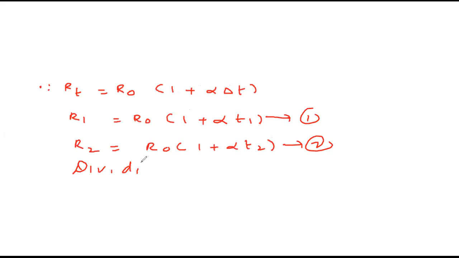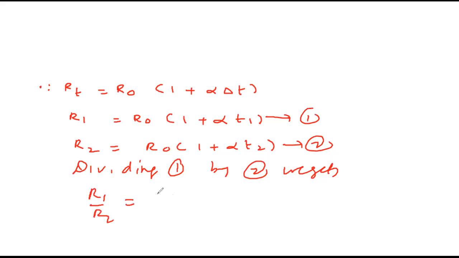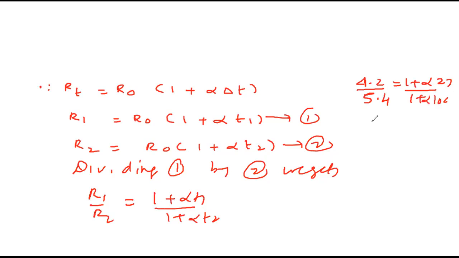Dividing 1 by 2, we get R1 upon R2 equals (1 plus alpha T1) upon (1 plus alpha T2), as R0 gets cancelled. How much is R1? 4.2 ohm, and R2 is 5.4, equals (1 plus alpha into 27) upon (1 plus alpha into 100).